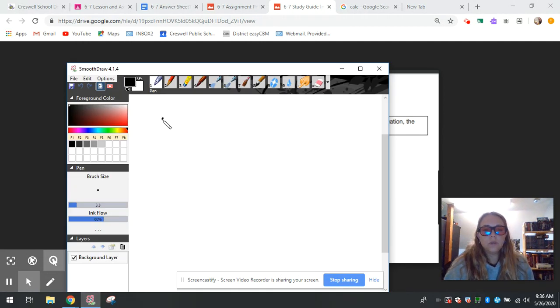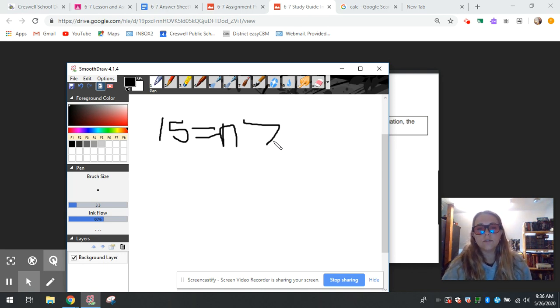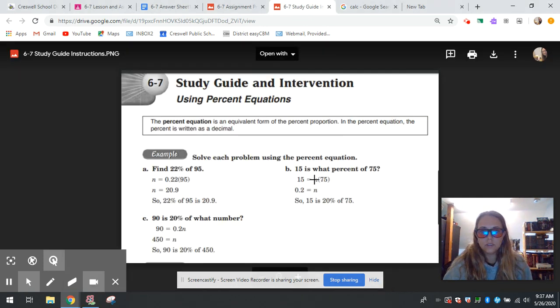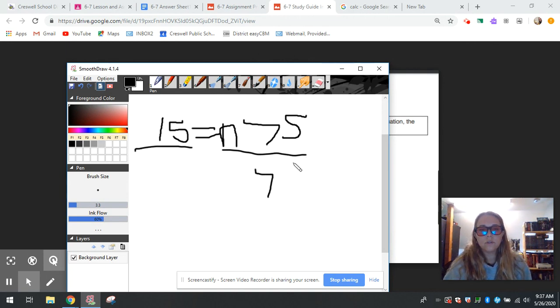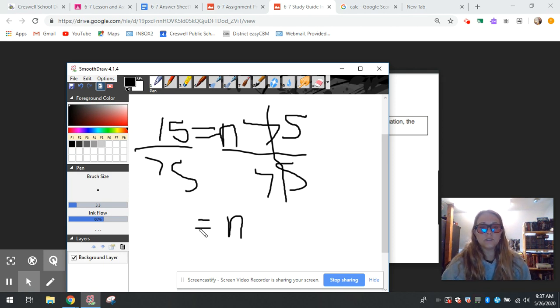Oh boy, my computer's being slow today. 15 equals n times 75. Make sure I wrote that down right. Yep. And then what you would do is divide both sides by 75, so that then we have n by itself on one side of the equation, our variable all by itself, isolated.